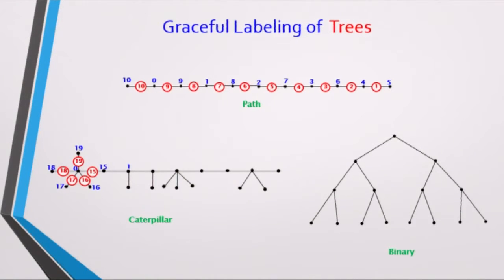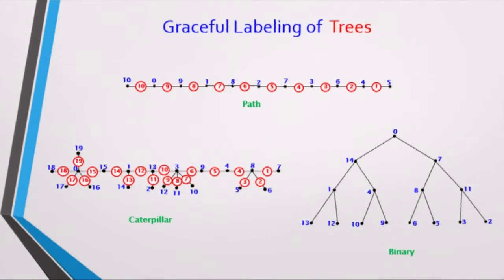And then increase the next one by 1. And then 1 has neighbors 15 through 13. This kind of tree is already proven to be graceful, and here's a binary tree, and that's also graceful.